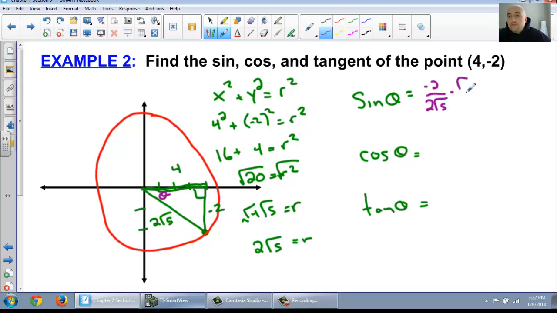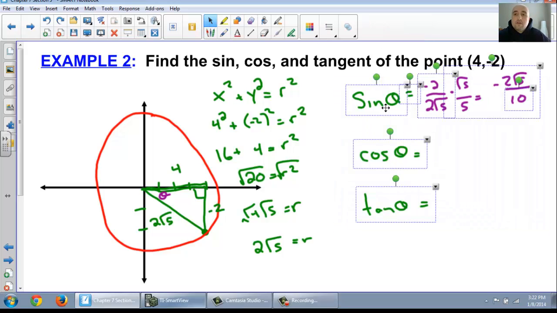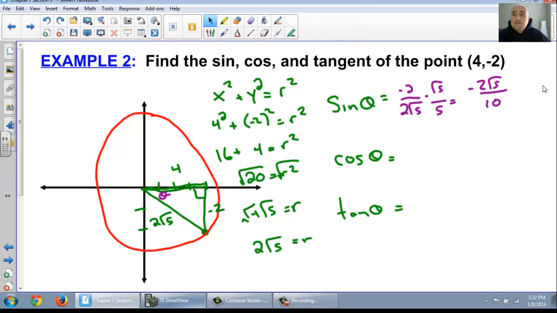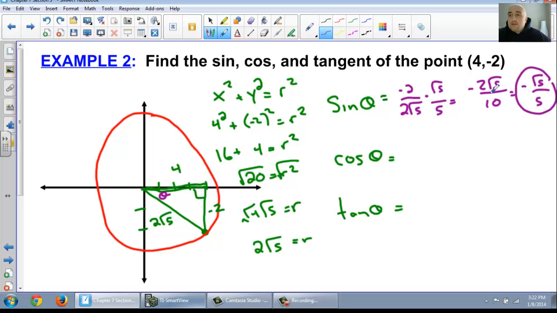We have root 5 over root 5. On top I have negative 2 root 5. On the bottom I have 2 times root 5 times root 5 is 5. 2 times 5 would be 10. Okay, so when I reduce this, what do I get? Negative 2 over 10 is negative 1/5. So I have negative root 5 over 5. 2, 10 reduces to 1 over 5.